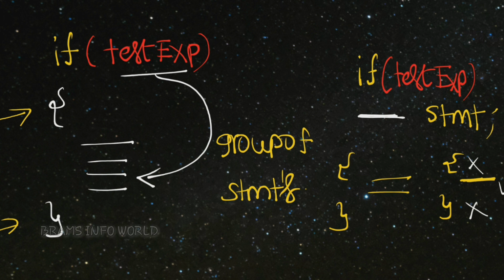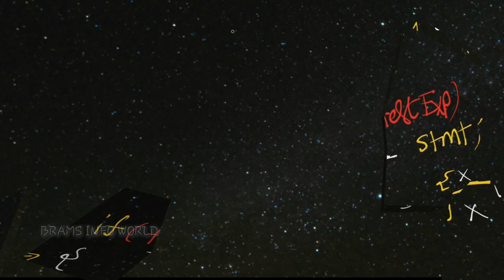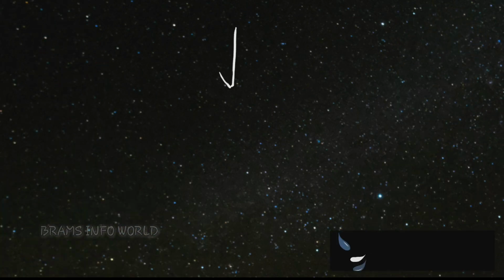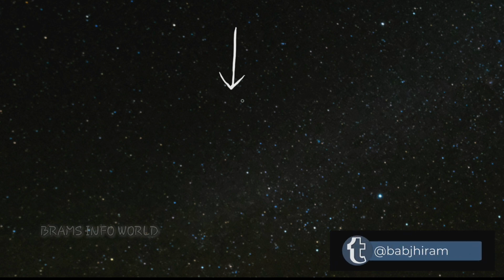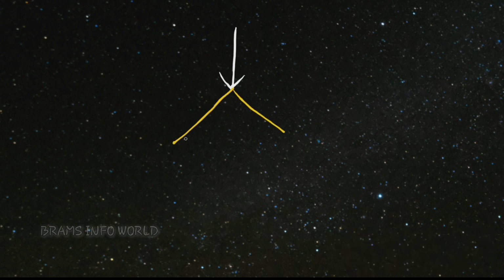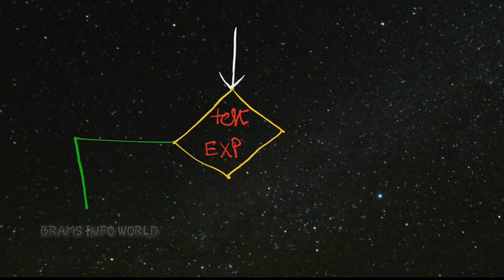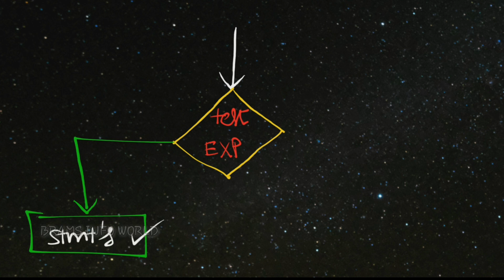So let us work with the flow diagram. We need to perform a particular action. We need a test expression. How to define this test expression? With the help of if. The decision is always in a diamond symbol, and if it is true, the true block, that means the statements, are executed.